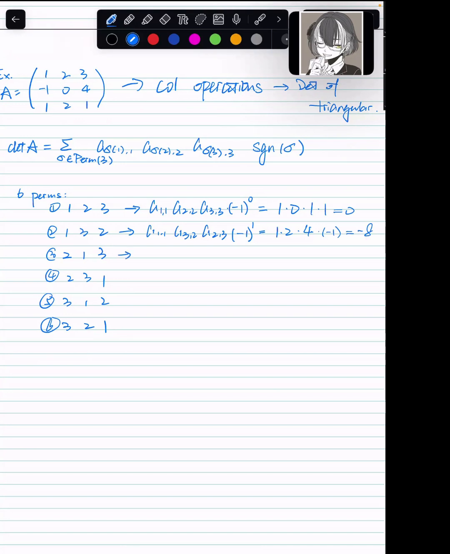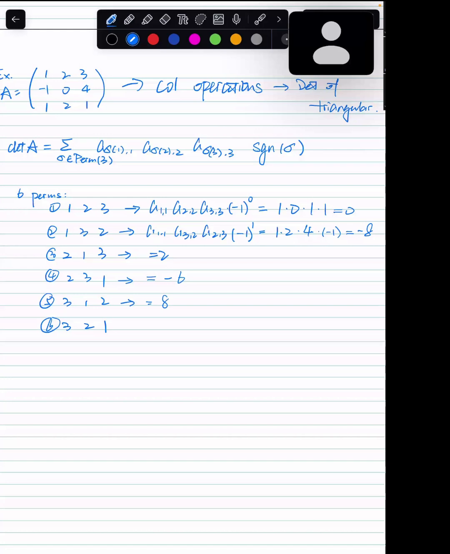All right, same thing for the third one. I'll just say it's 2. Okay. The fourth one equals negative 6. Fifth equals 8. Isn't there only one inversion for number 3? 2, 1, 3.